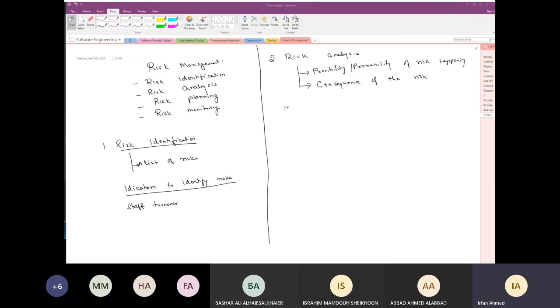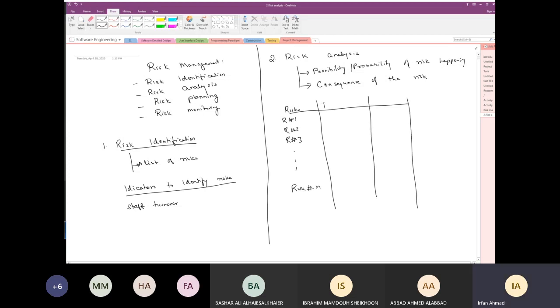For example, let's say you have here risk number 1, risk number 2, risk number 3, and so forth. You have identified a number of risks. So what you do in risk analysis, in a sense, is you come up with this type of table.